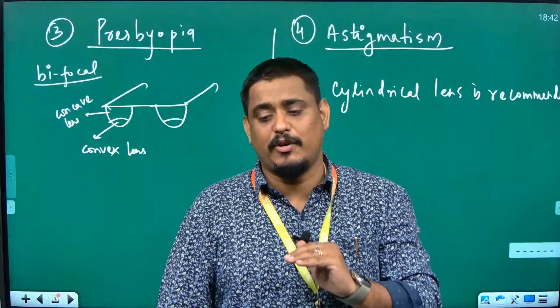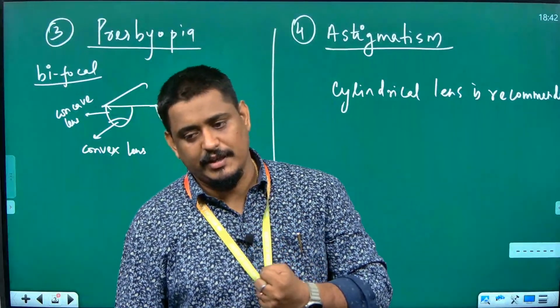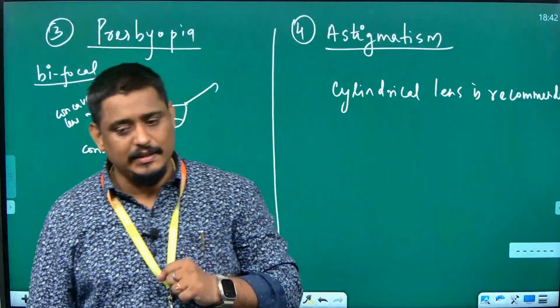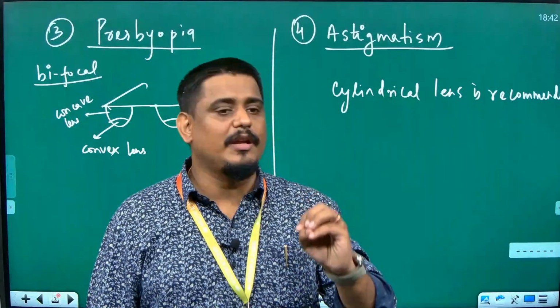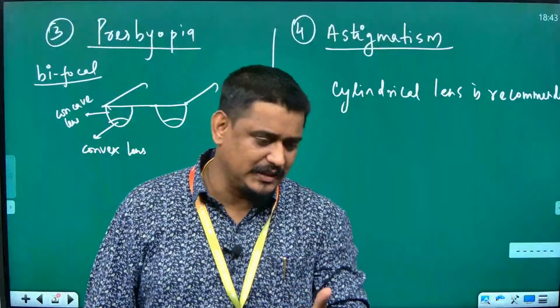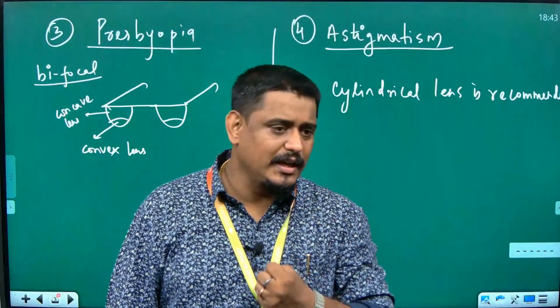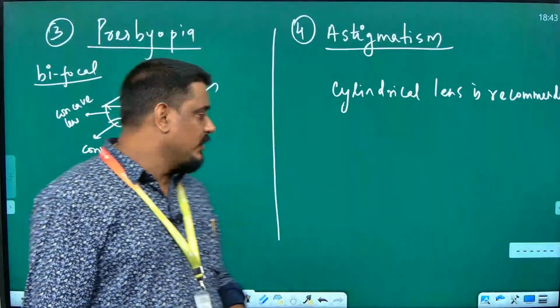It is caused by elongation of the eyeball or high converging power of the eye. If you get hypermetropia, your near point gets affected and you see far things clearly, while near things become unclear. We use a convex lens, and it is caused by eyeball shortening or lower converging power of the eye. Clear? So let us go to the next topic now.